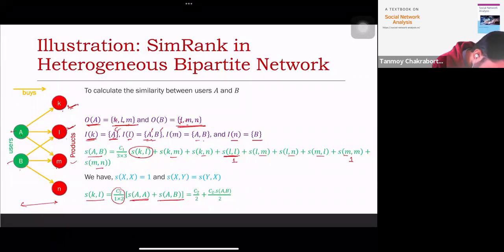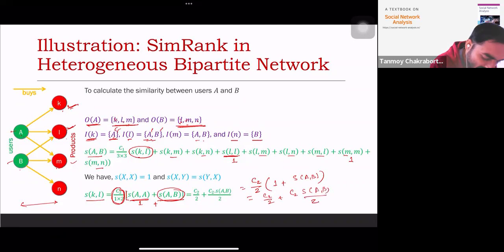So this is C2 by 2 times 1 plus S of A comma B. If we unfold it, C2 by 2 plus C2 times S of A comma B by 2. This is the value of S of KL.